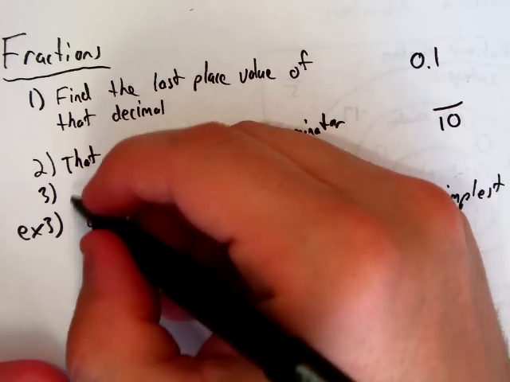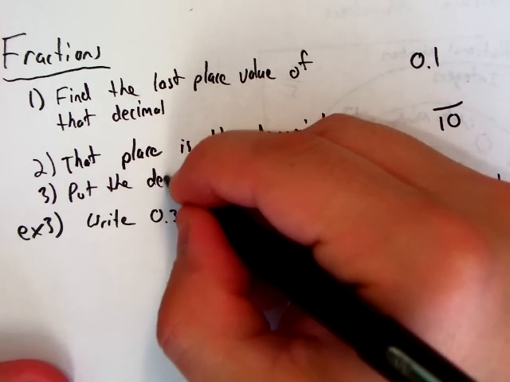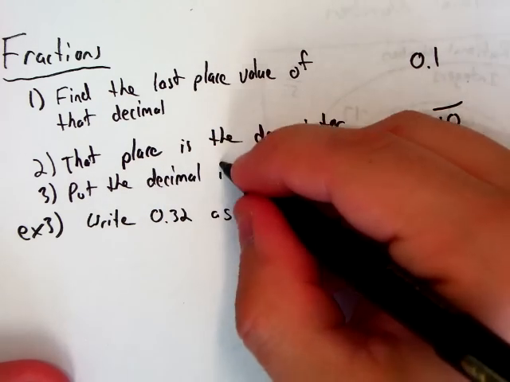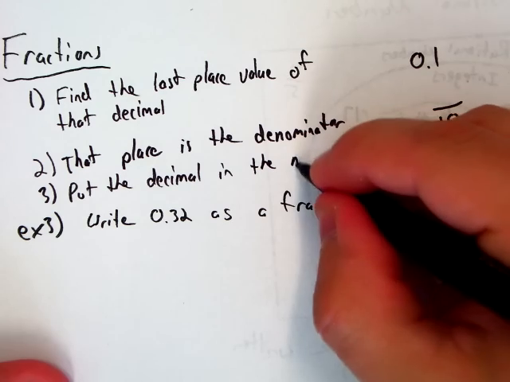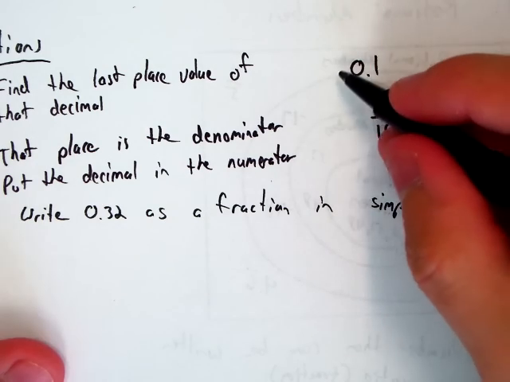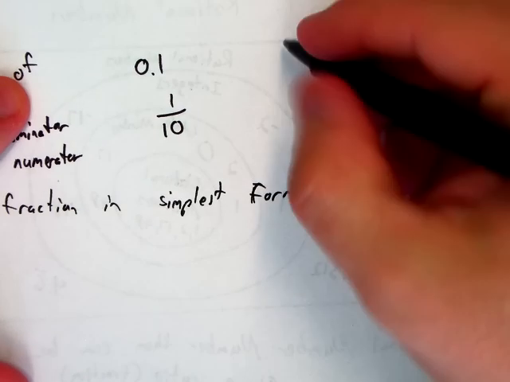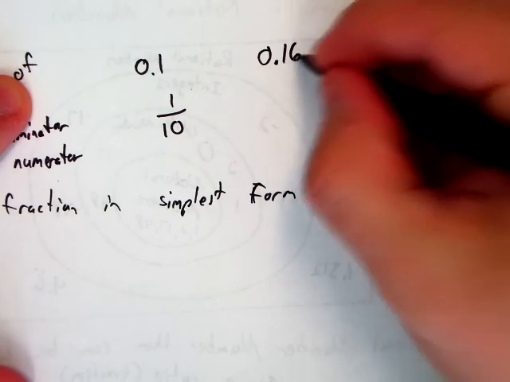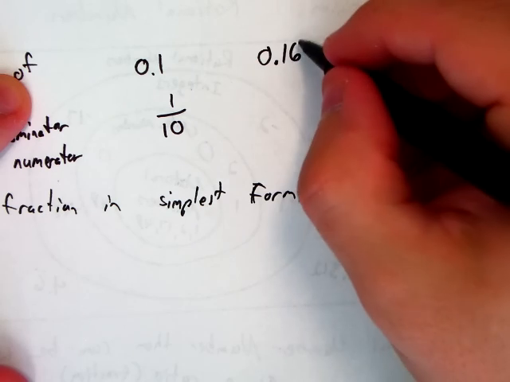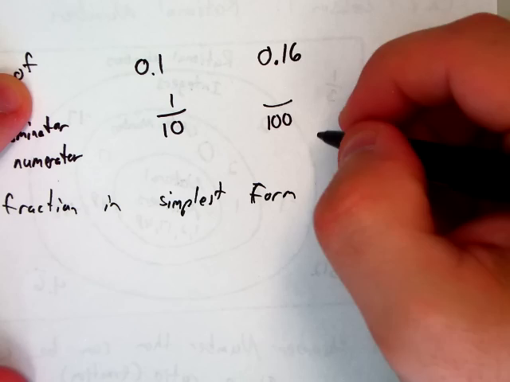And then the next part is to put the decimal in the numerator. So the decimal is 0.1, so 1 goes into the numerator, sorry. For example, if I had 0.16, the 6 is in the hundredths place, so the denominator would be 100.